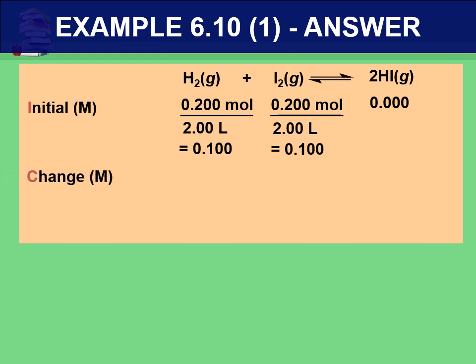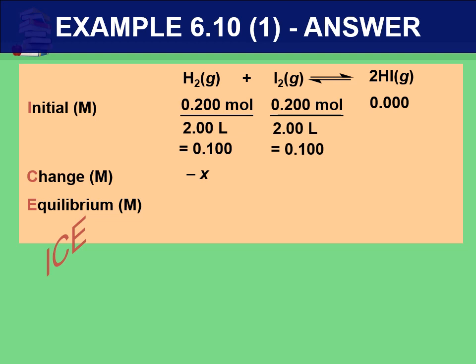The next row we're going to write the change in concentration, and after that we're going to find the equilibrium for each species. This is what we call the ICE table. What is x? x is the amount of reactant that becomes product, and we don't know x. x is an unknown.